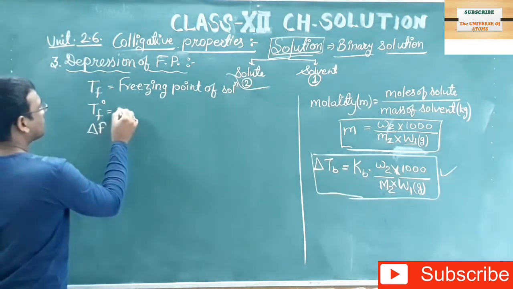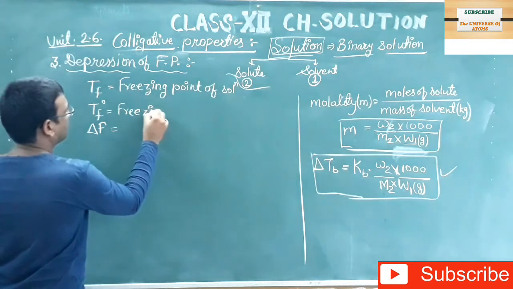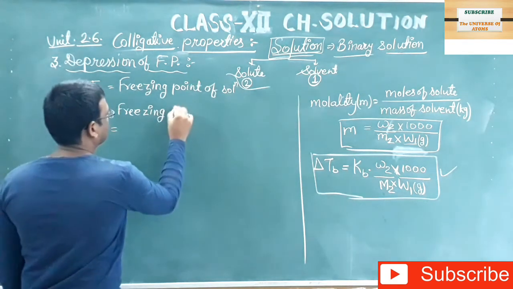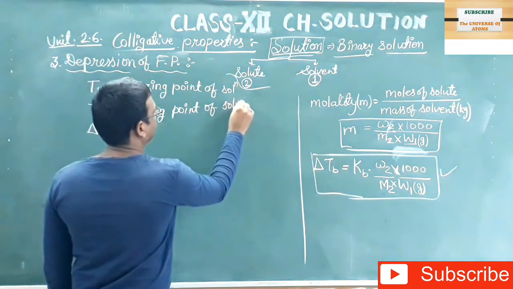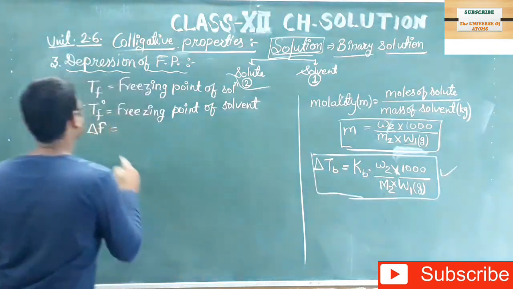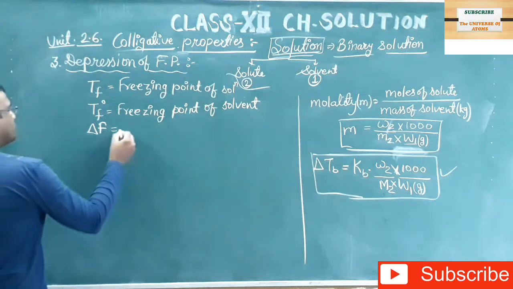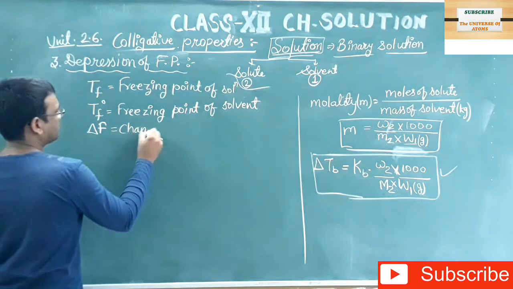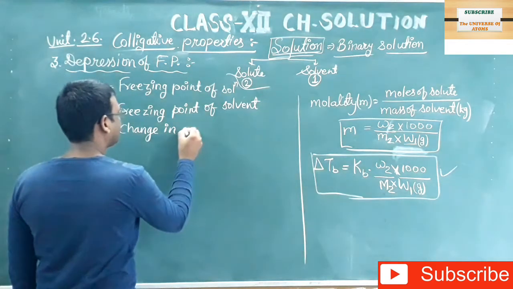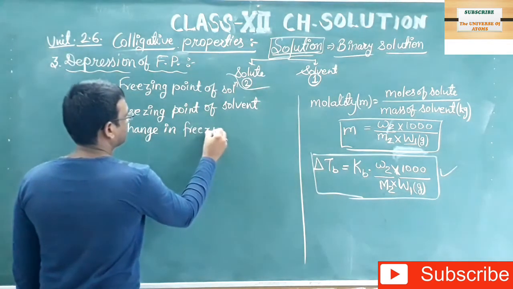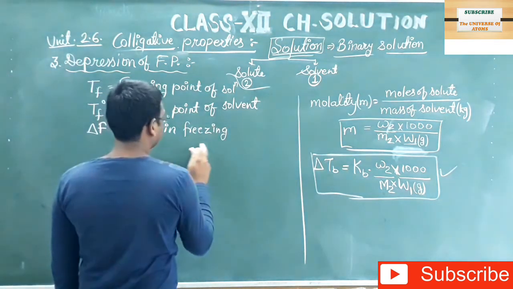TF naught means the freezing point of solvent. Delta TF means a change in freezing point, change in temperature of freezing point, and later on we will be saying it depression of freezing point.